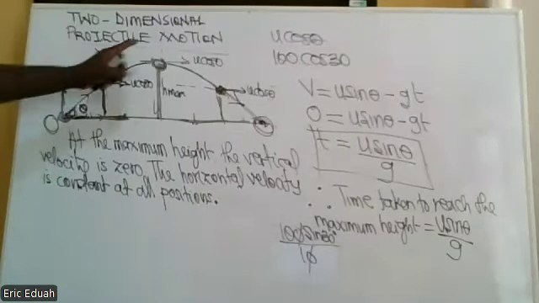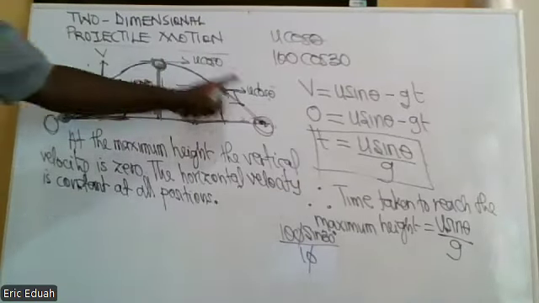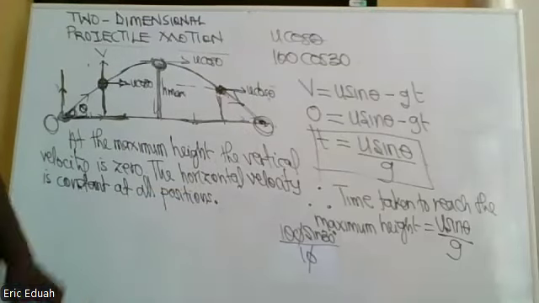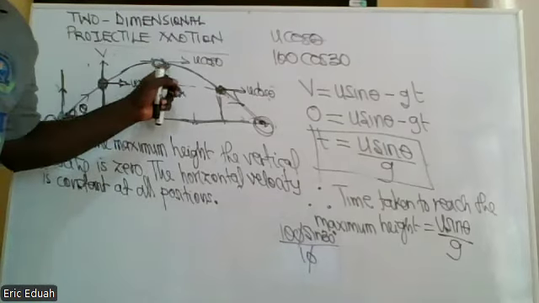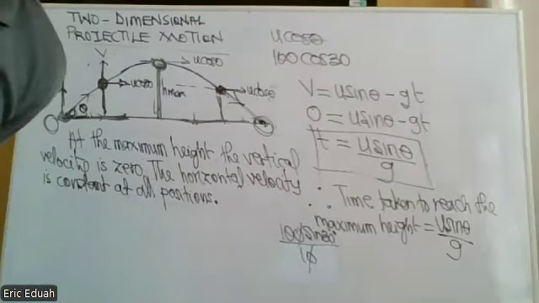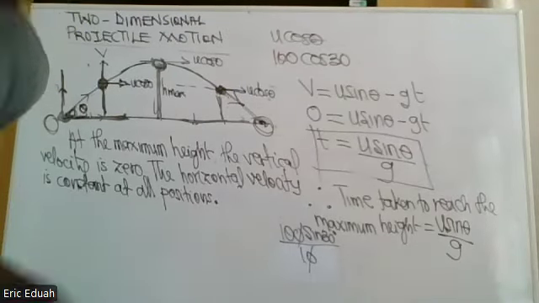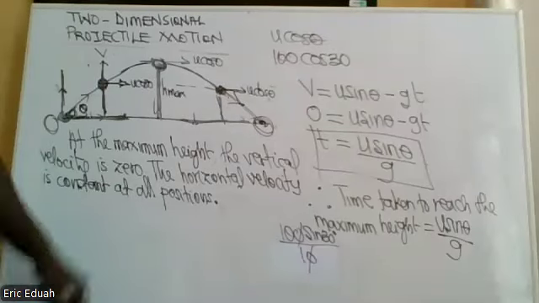Because ground to the maximum height is the same distance, it would take 5 seconds to also move from the maximum height to the ground. What will be the time of flight? 10 seconds.